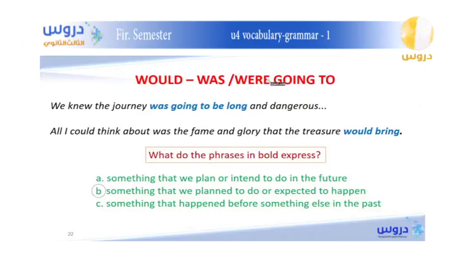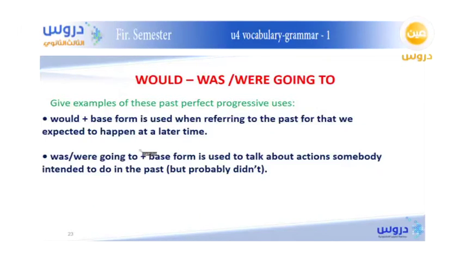Now we have examples for would and was going to. I knew he would pass the examination. I was going to visit my cousins over the weekend, but they came to visit me instead. So as I told you, we use would and also was going to for plans or things we expect to happen.